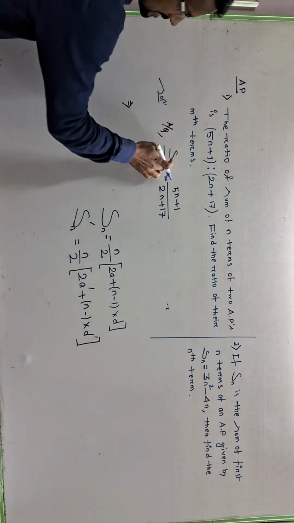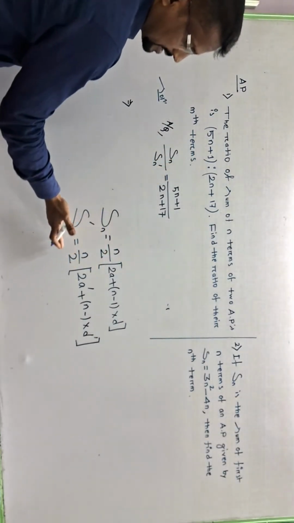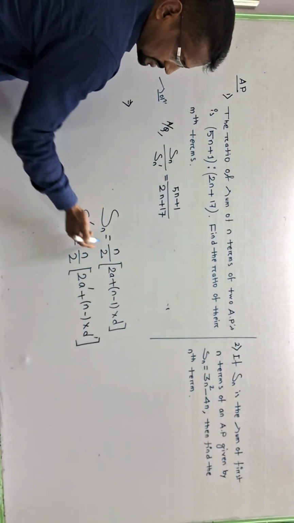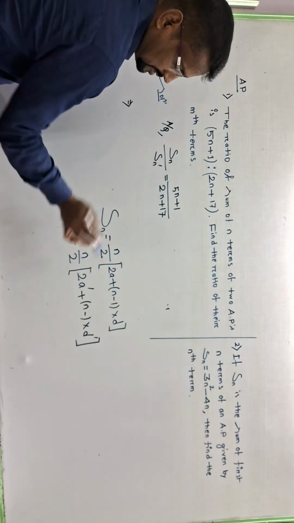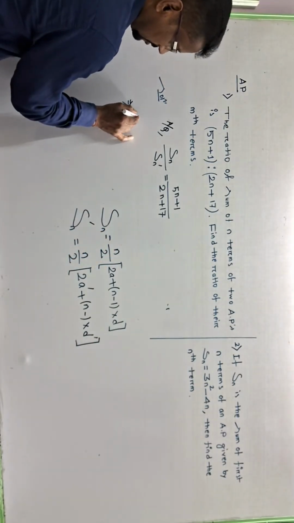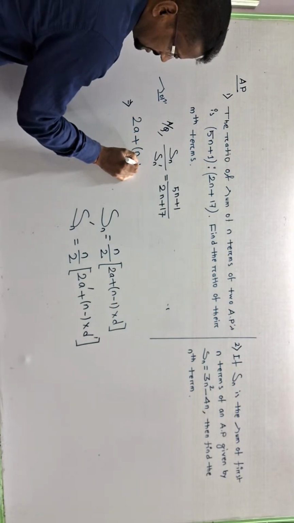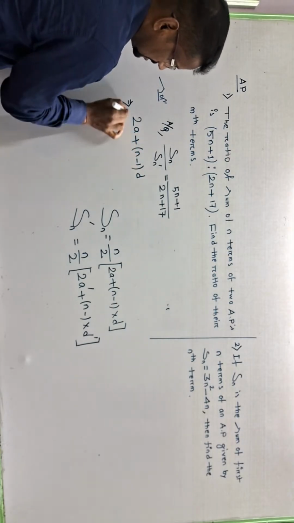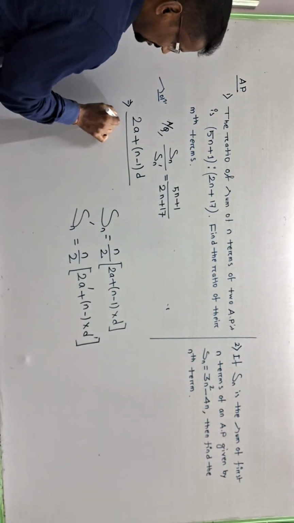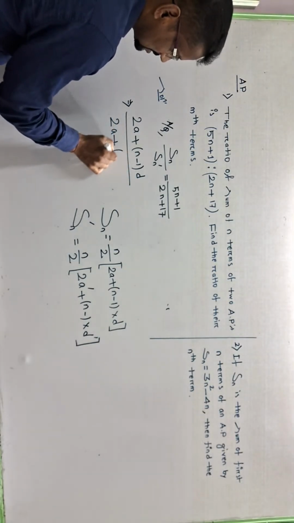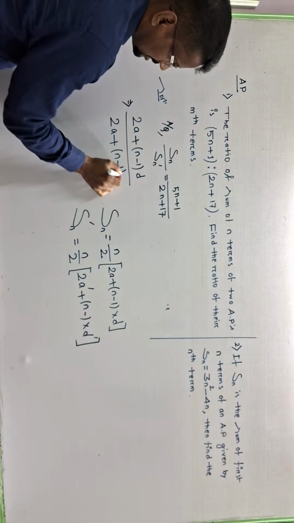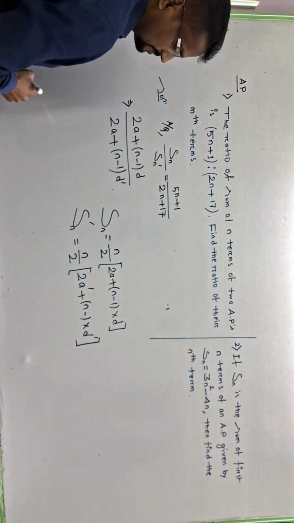দেখা পৰা Sn মানে কি, ইয়াতে ডিভাইড কৰি দিব পাৰা Sn by Sn dash, তো ইয়াতে সো n by 2 cancel out হৈ যাব, then you will be left with twice a plus n minus 1 times d divided by twice a plus n minus 1 times d dash.